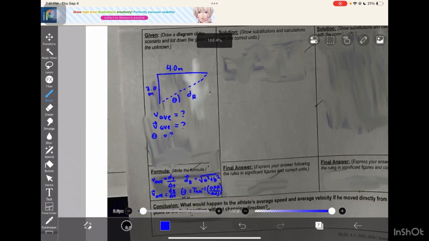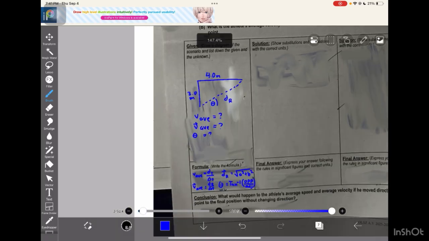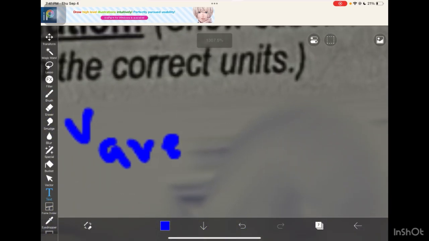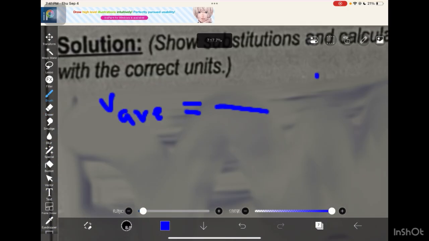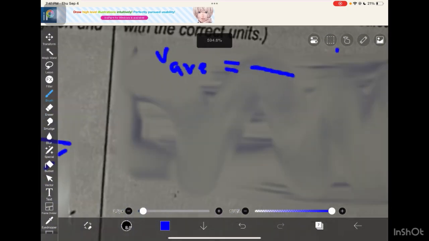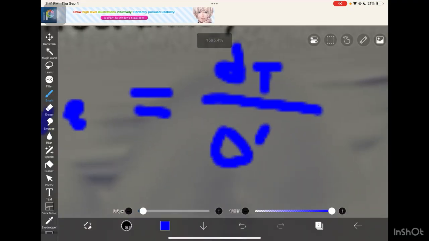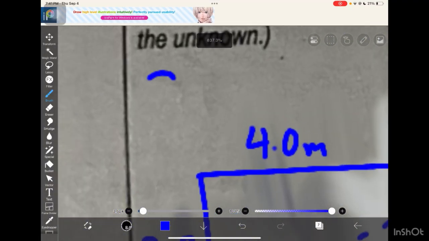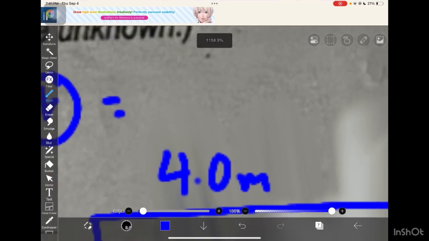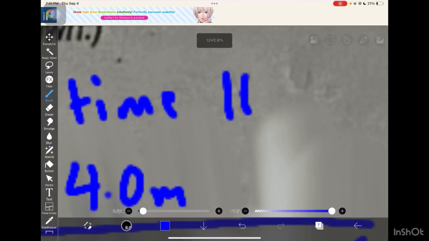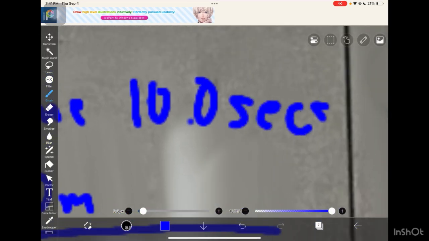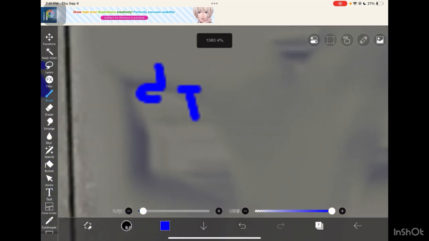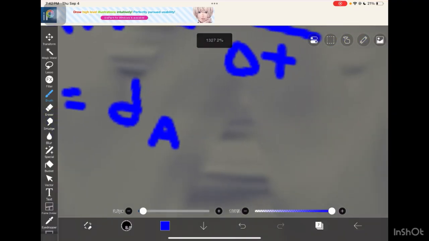So we use our first formula in this solution. So we have V ave is equal to d sub t over t. Oh, I almost forgot to label the time. How do we have time? 10.0 seconds. All right, so d sub t is equal to d sub a plus d sub b.